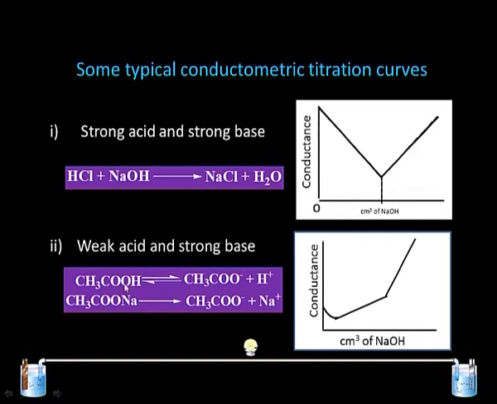We have acetic acid, which is a weak acid, and it gives a small number of ions in the solution, therefore the conductance has a low value. The moment NaOH is added to it, it forms a salt, sodium acetate, and sodium acetate, being a strong electrolyte, dissociates completely, which is shown by the lower equation.